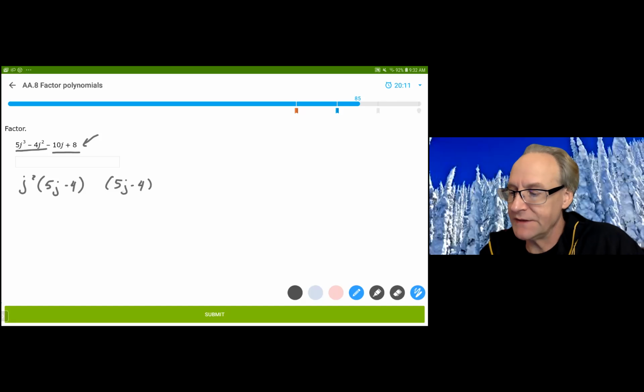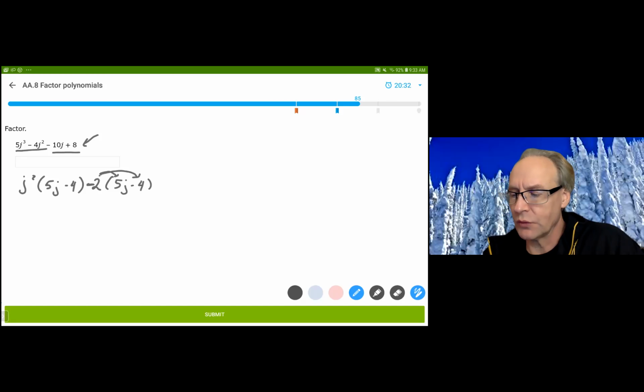The way you get a positive 5j from negative 10j is by taking out negative 2. So you have to take out that negative. Notice that negative 2 times 5j is negative 10j, and negative 2 times negative 4 is the positive 8. Just something to keep in mind.